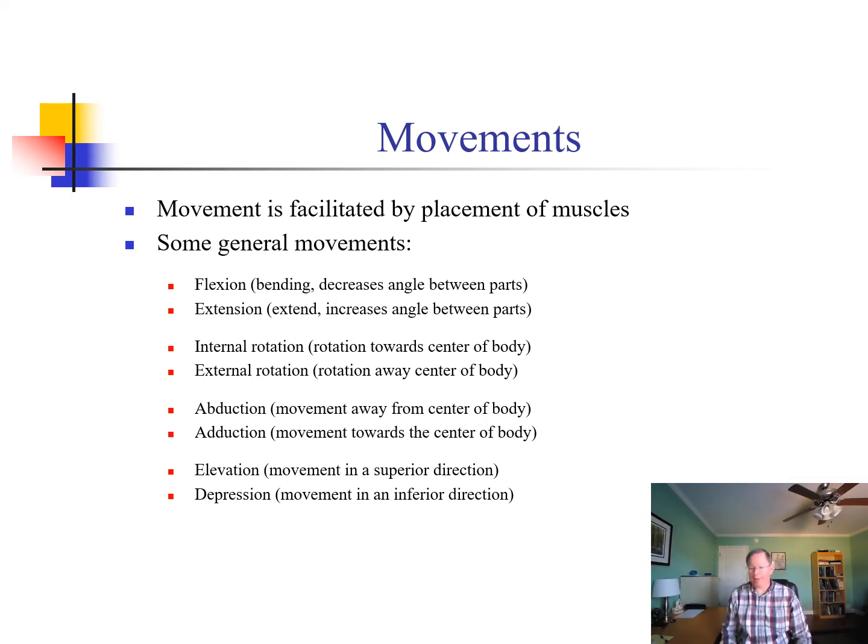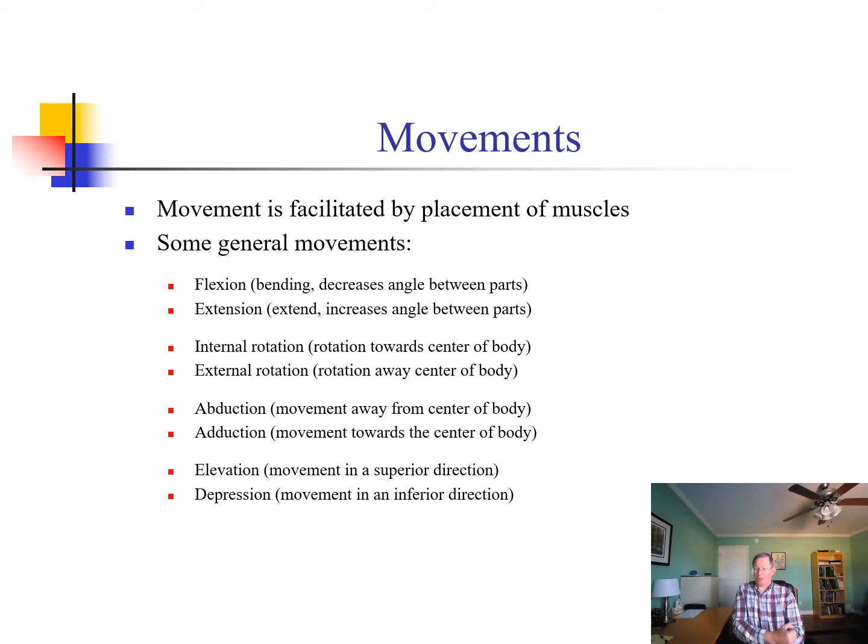Now, I also have the possibility of rotation. If I rotate a joint, I can rotate it either towards the center of my body or away from the center of my body. If I look at my shoulder joint, if I rotate towards my body, that is referred to as an internal rotation. And if I rotate it outside, further away from the center of my body, that's called an external rotation.